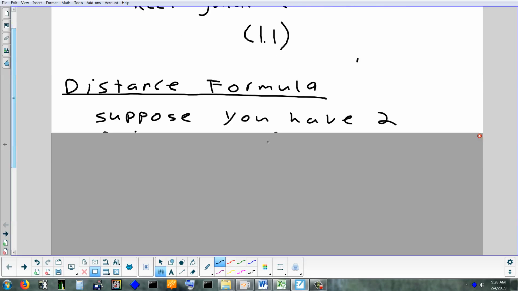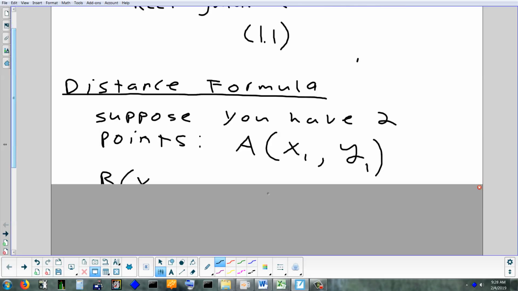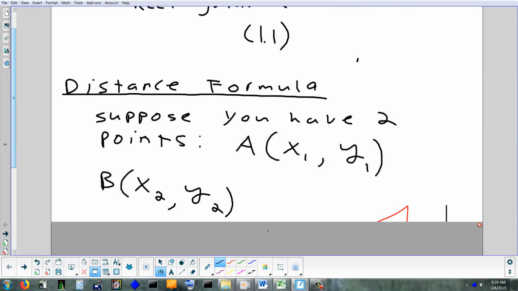If you want to know how far apart 2 points are, the first thing you need is coordinates for those points. If this was an actual problem, those would all be numbers. x1 and y1 would have a numerical value, so would x2 and y2.